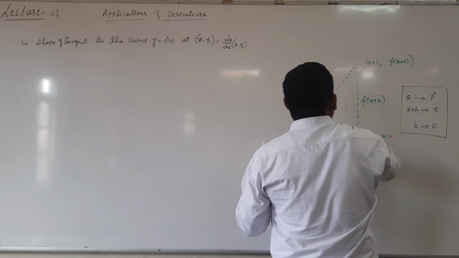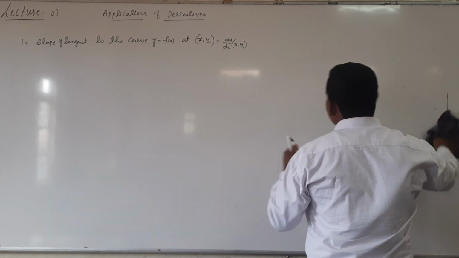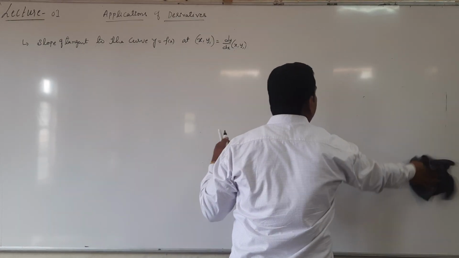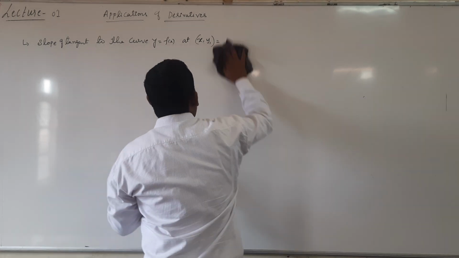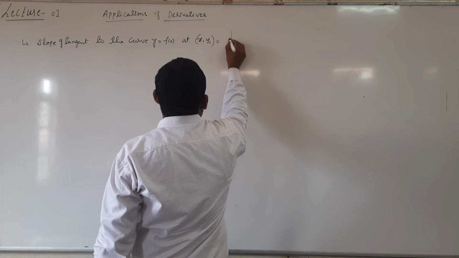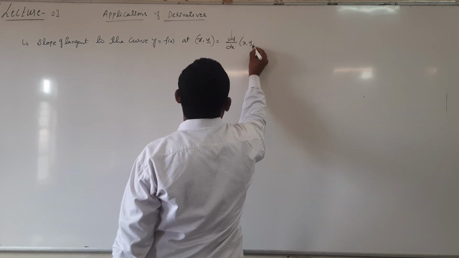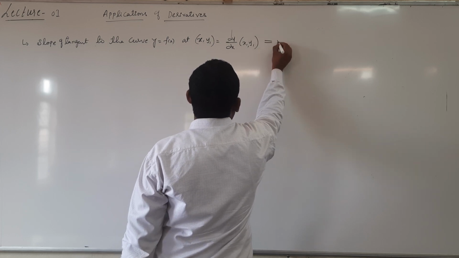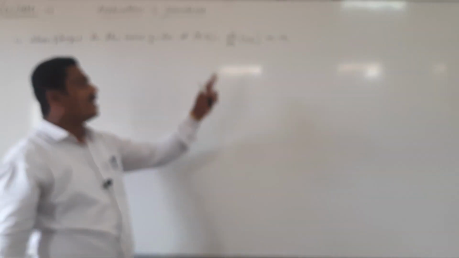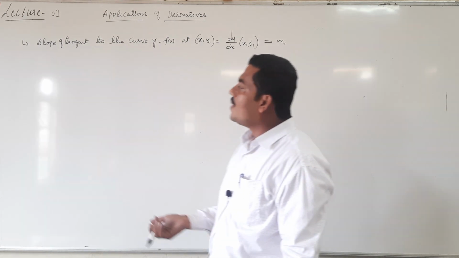And now onwards, I will take the slope of the tangent as m1. No need to write the sentence. Throughout this chapter on tangents and normals, remember m1 is nothing but the slope of the tangent line, dy by dx at x1, y1. I will denote this as m1. Then what is the slope of the normal line?